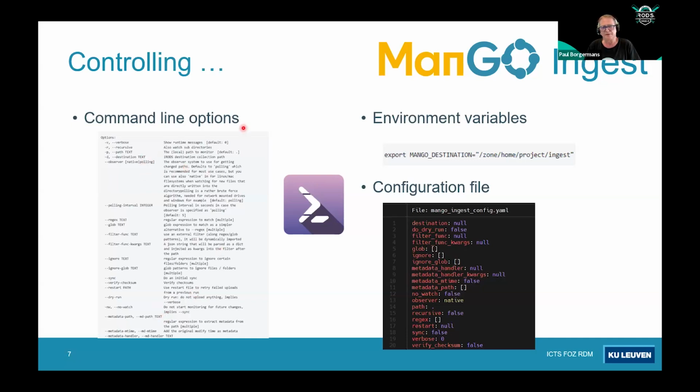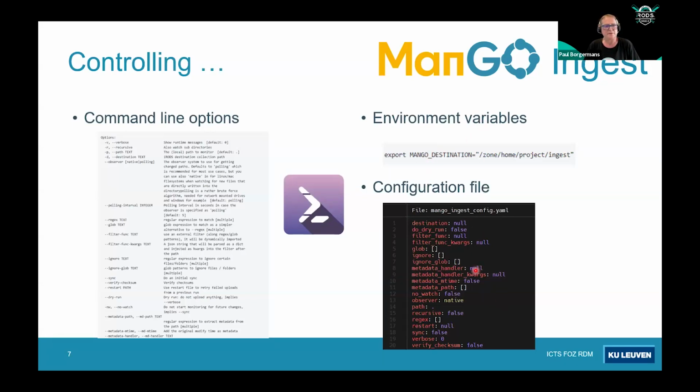But it's not only command line options that you can use. You can use also environment variables or a configuration file. And the nice thing with this is that you can use them all at the same time. You could use a configuration file to set some global defaults for many occasions that you want the script to run with.